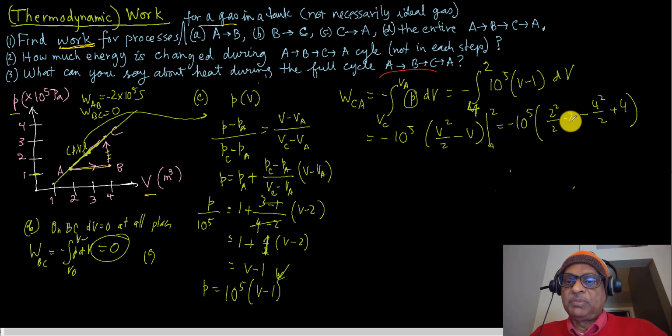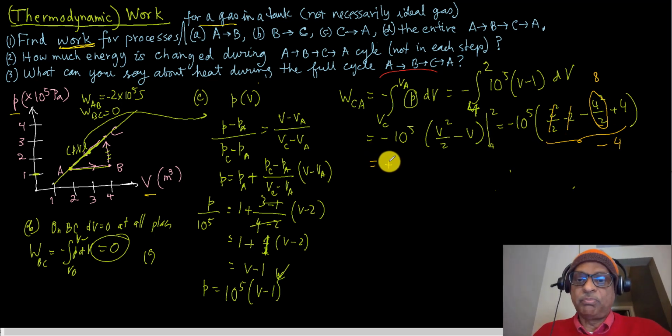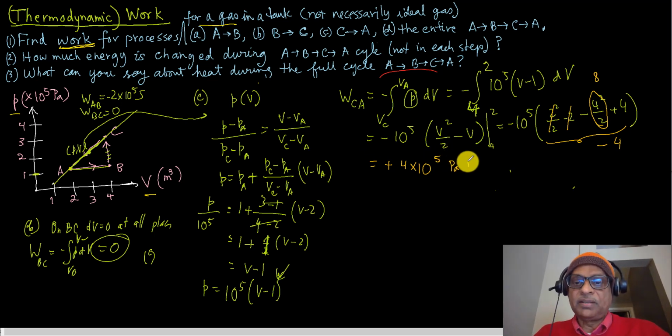This becomes 0, this becomes minus 8 plus 4, so the whole thing becomes minus 4, so this is equal to plus 4 times 10 to the power 5 Pascal meter cube, which is the same as 4 times 10 to the power 5 joules.